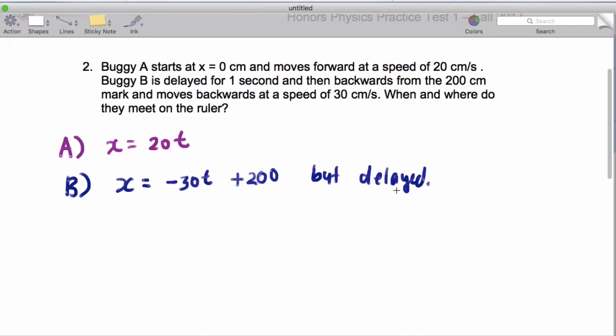So we want to know when and where they meet on the ruler.